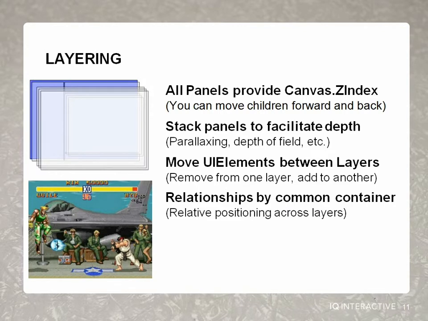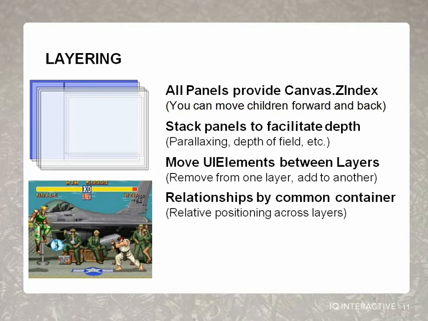Another nice thing you get from layering is that you can develop relationships based on a common container. So in this example here, the common container for all these layers is this 320 by 240 rectangle. So here where this character is, he may be on a character layer, but his position means the exact same thing as the position on the projectile layer, on the background layer, on the menu layer.